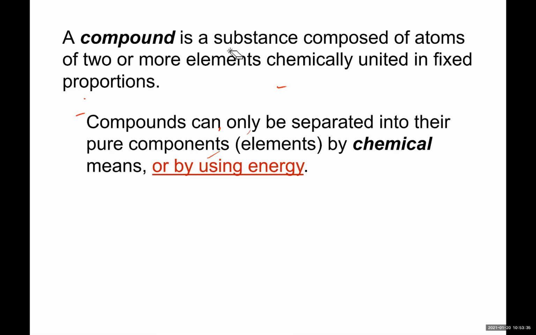So can we separate components in a compound? Yes. Is it possible to break down water to hydrogen and oxygen? In order to balance, I need 2 moles. Yes, it is. What do you do?